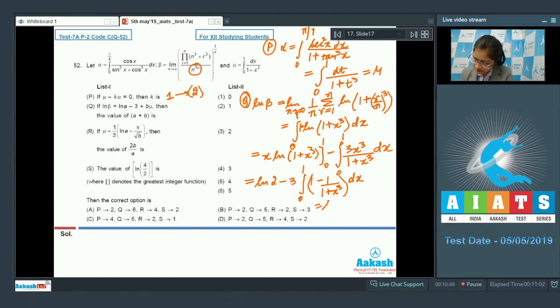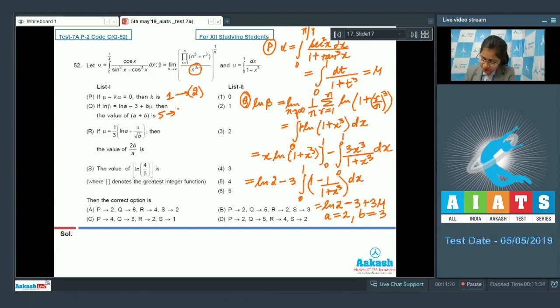So this is equal to ln 2 minus 3 times x, that is 1, so this will be minus 3 plus 3 times integral of 0 to 1 dx upon 1 plus x cube, that is mu. So comparing it with ln a minus 3 plus b mu, a is 2 and b is equal to 3, which means that the value of a plus b is 5.